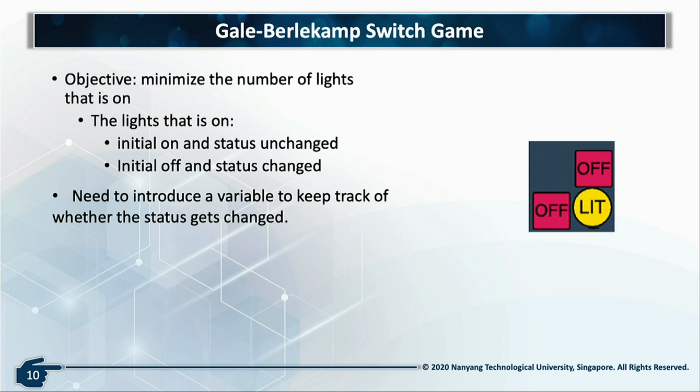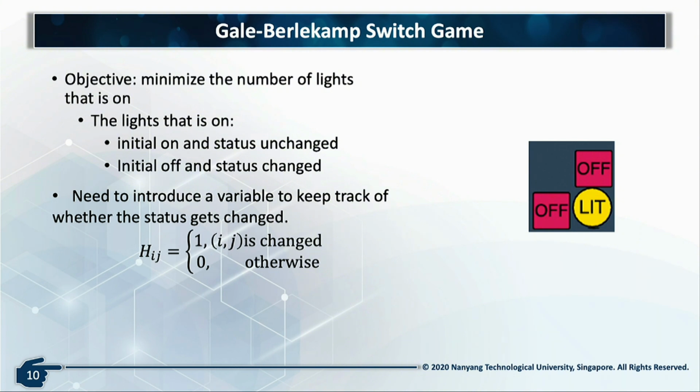We use Hij, another set of binary variables, to keep track of this status change. Hij equals 1 if the light in cell ij is changed. Otherwise, I set this value to 0.